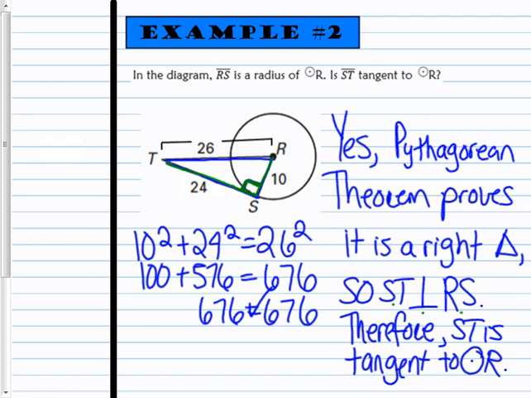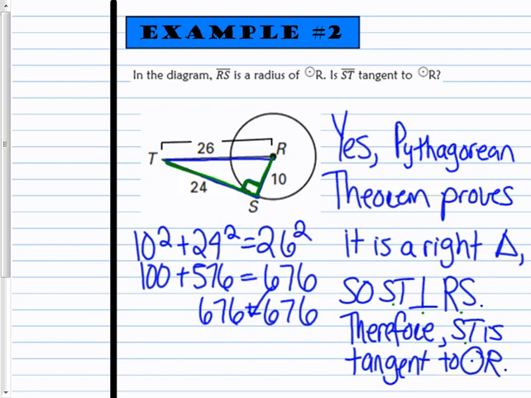Since they're perpendicular, ST is tangent. If it wasn't perpendicular, it couldn't be tangent. But tangents are perpendicular to the radius, so if they are perpendicular, it has to be tangent. We'll do another one of those in class. You're not going to have to explain why, but know that we're going to want to use the Pythagorean theorem to prove that it is a right triangle, because then we're able to prove that it's a right angle and perpendicular.